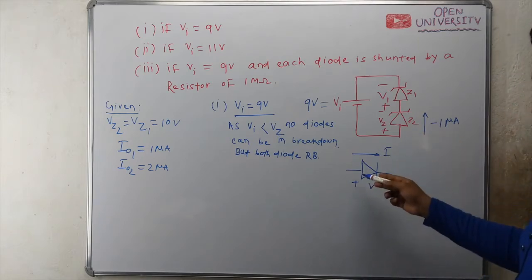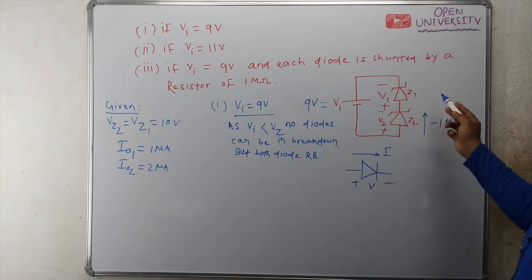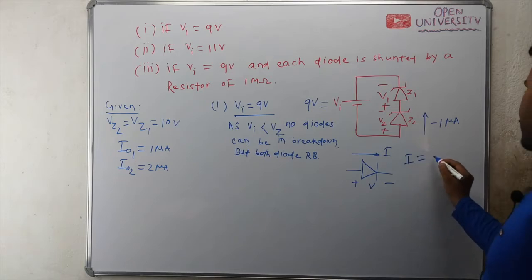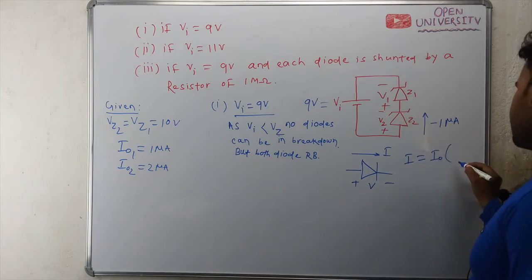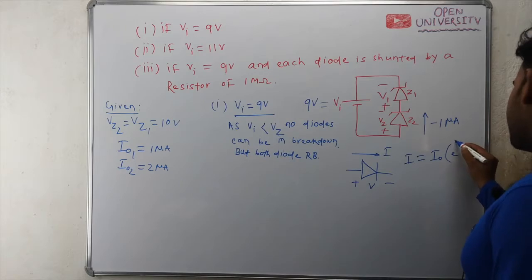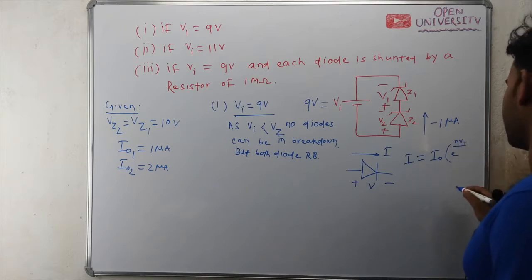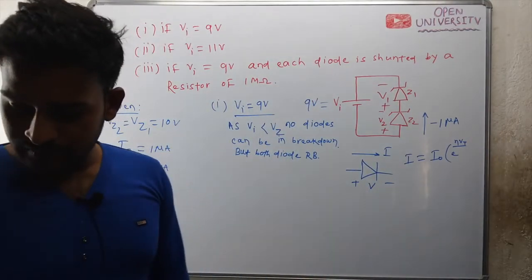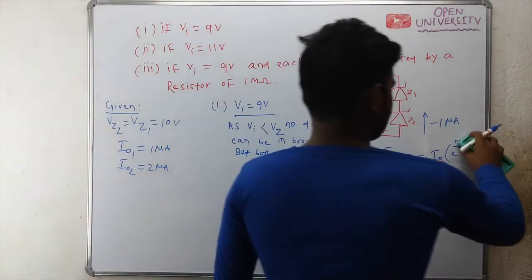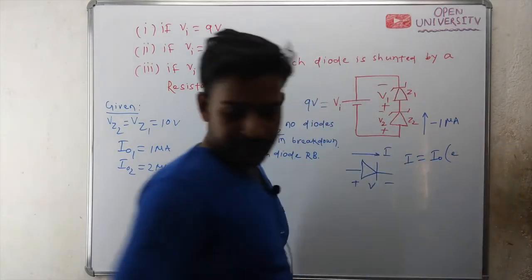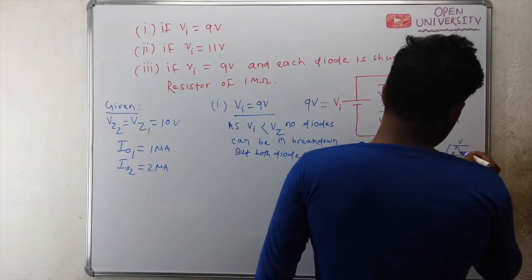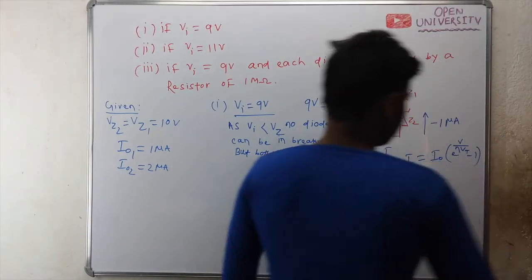I am showing the current direction and the voltage polarity in this way to use the equation of forward current. What is the equation of forward current? I equals I naught into e to the power V by eta Vt, minus 1.